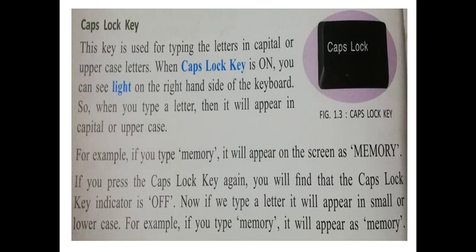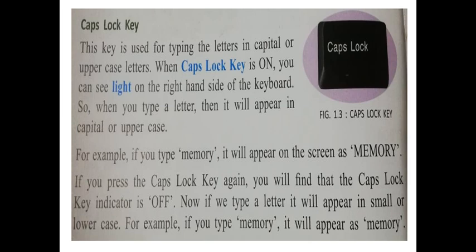So when you type a letter, it will appear in capital. You can do the practical: just press the caps lock key, check the right side, the small light is coming. Very good.